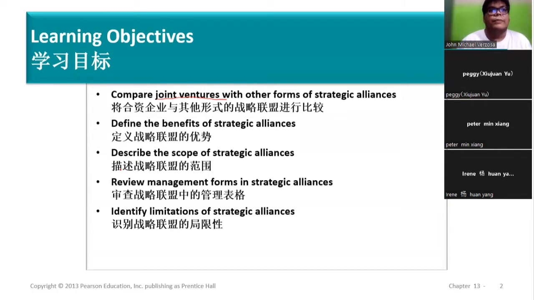Describe the scope of strategic alliance. Review management forms in strategic alliance. And last but not the least, identify the limitation of strategic alliance.